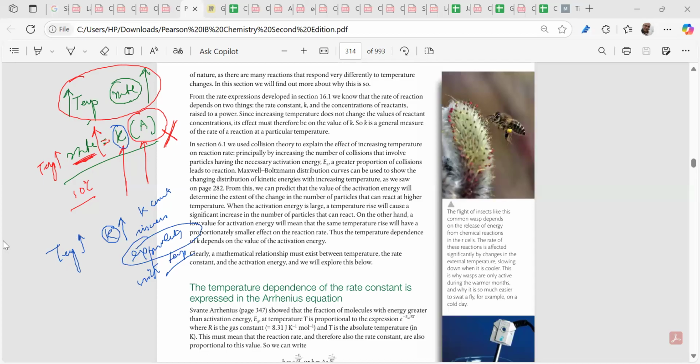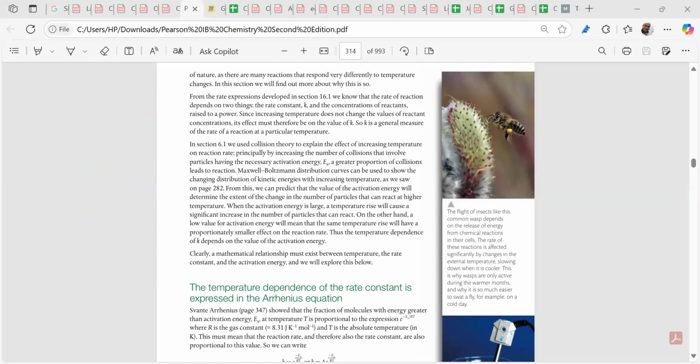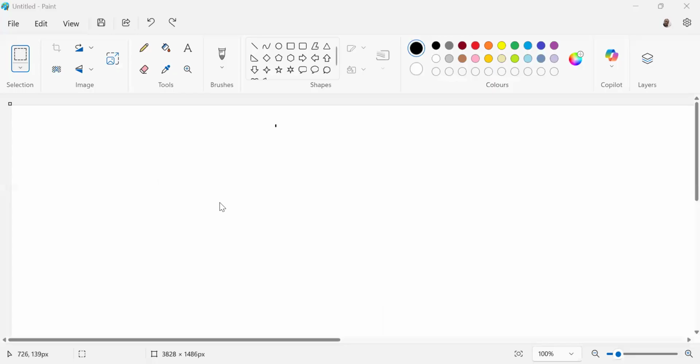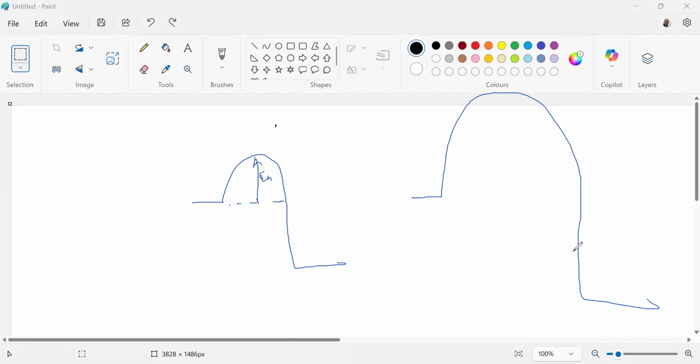Now, can we find out a relation between the rate constant and activation energy? Let's see how. Suppose we're taking two reactions. Reaction A has a lower activation energy, and reaction B has a higher activation energy, EaB, this is EaA.